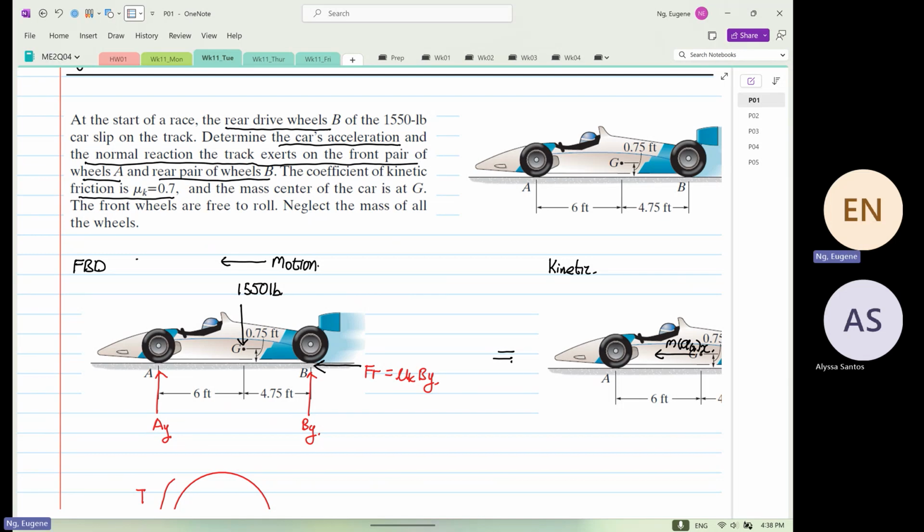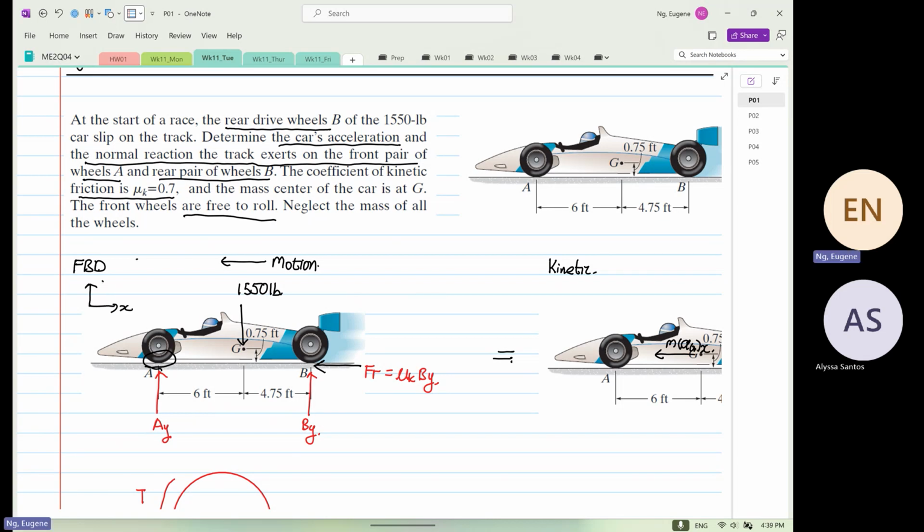The coefficient of kinetic friction mu K is equal to 0.7, and the mass center of the car is at G. The front wheels are free to roll. Neglect the mass of all the wheels. So when it's free to roll, it means there's no reaction in the X direction. So let me draw my transformation.